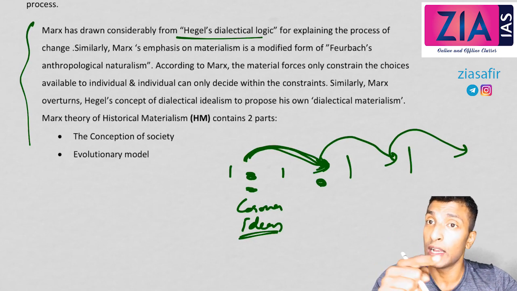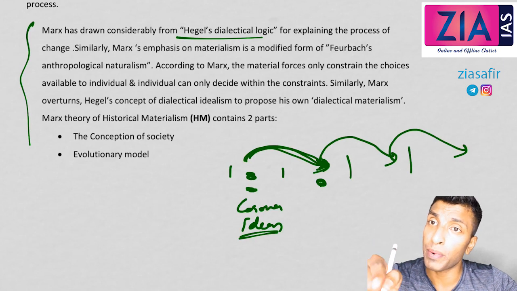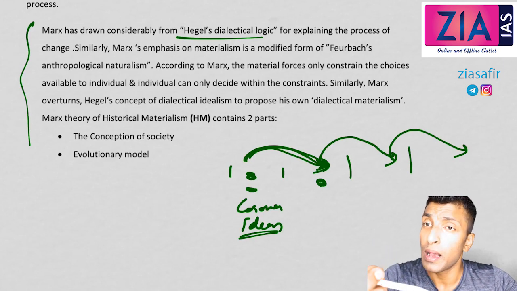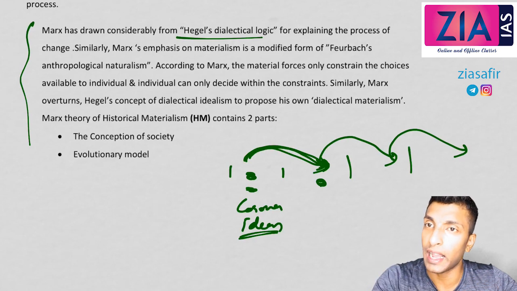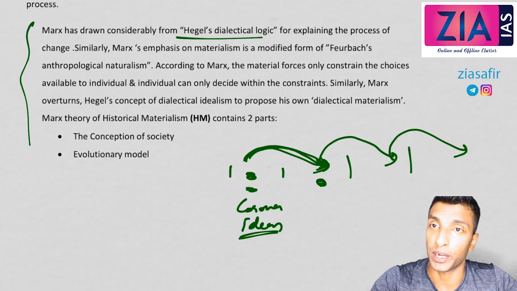So ideas are actually shaped by the economic infrastructure. That's why Marx rejected the idea of idealism. He accepted dialectics, but the change is because of not ideas but material condition. Because of change in material conditions, new ideas will come. So he proposed his own concept, that is dialectical materialism.